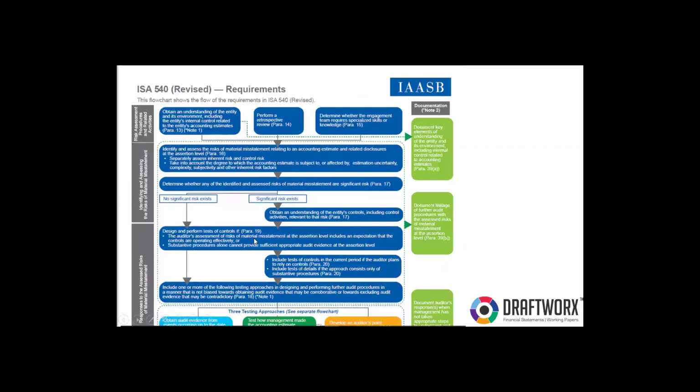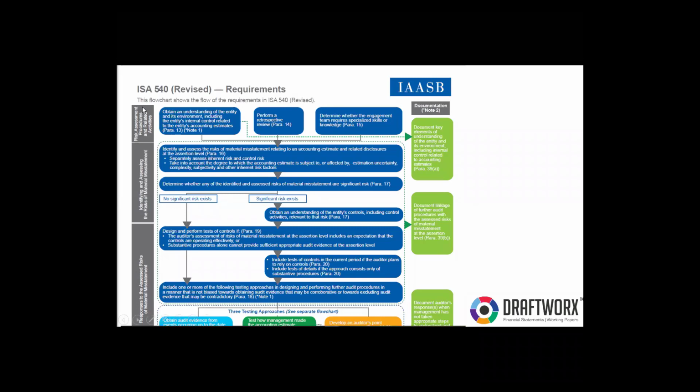Then another handy document, which I really like, is pretty much a one-page summary of ISA 540 revised. It's a very handy document, which is drawn up as a flowchart, and it shows how the requirements in ISA 540 revised flow.